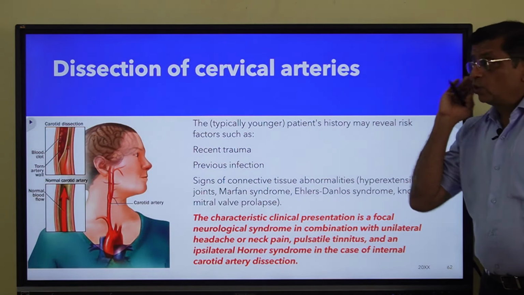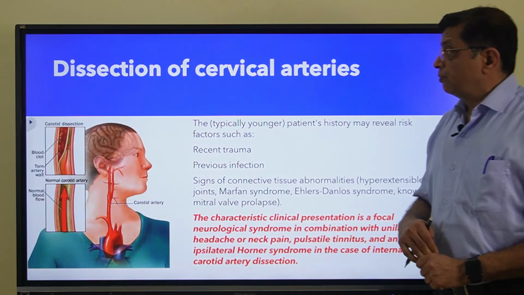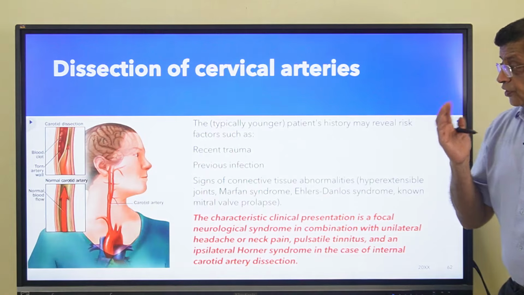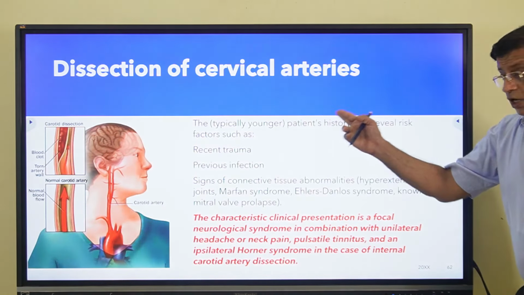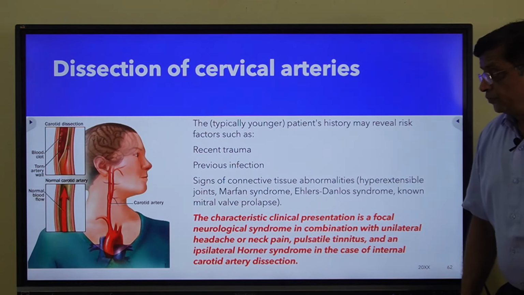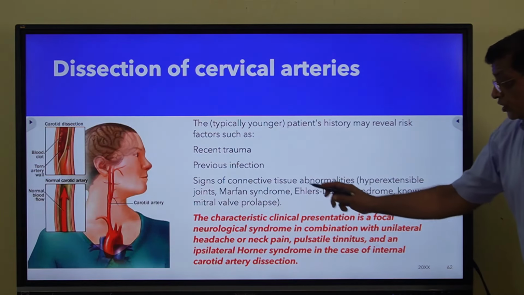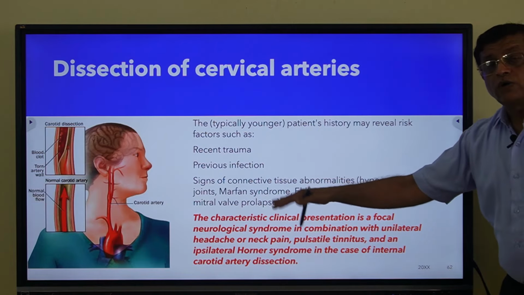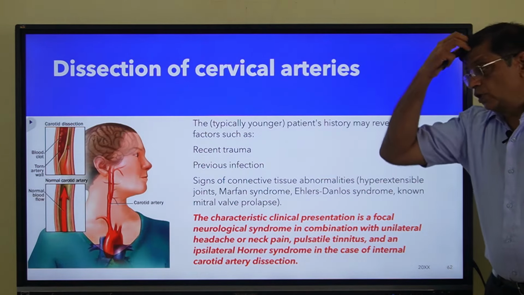Lastly, think about dissection of cervical arteries. This is a different type of stroke. This typically occurs in younger patients who have either a recent trauma or infection. Signs of connective tissue abnormalities such as hypermobile joints, Marfan syndrome, Ehlers-Danlos syndrome. These are the patients who are more likely to develop dissection.